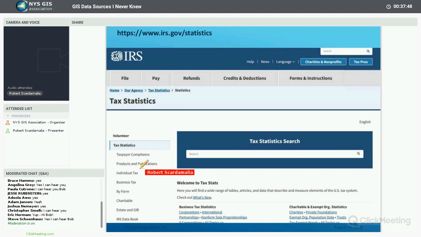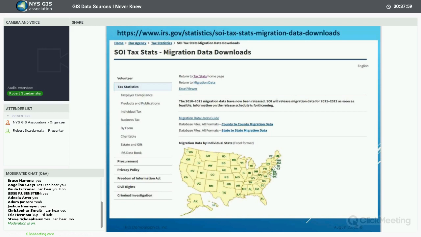One of the things I'm most experienced with and have worked with in the past comes out of the individual tax side of the IRS, and that's using IRS data for migration. You don't typically think of tax data as a source of migration data, but as a demographer, it's a pretty valuable data set.